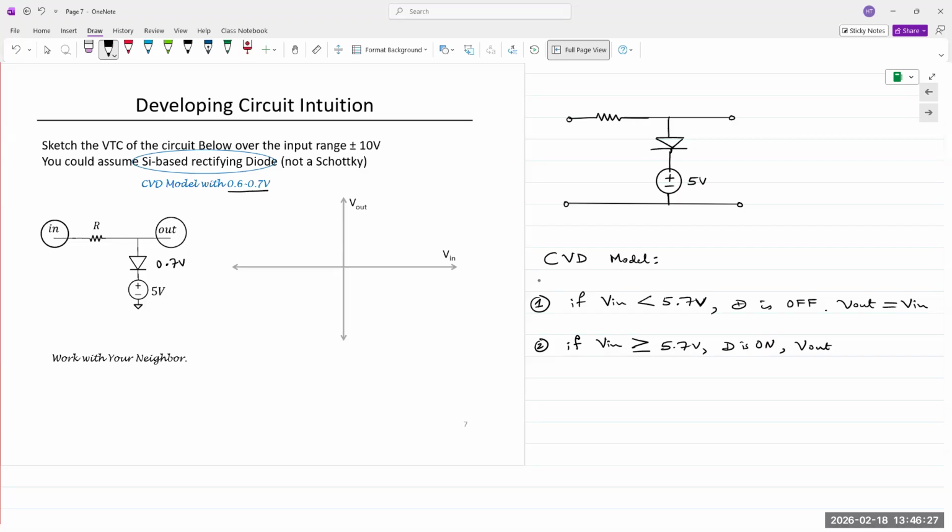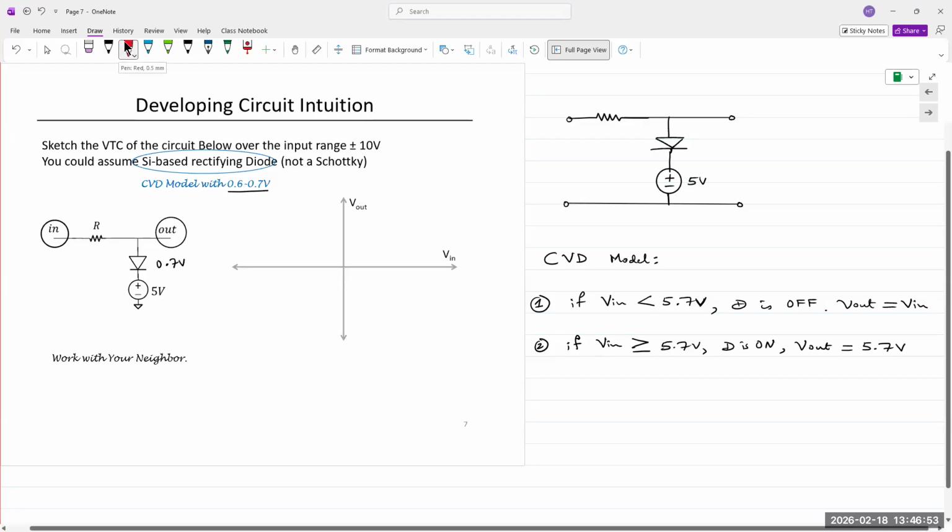If diode D is on, then we have the voltage 5 volts and the constant voltage drop across the diode of 0.7 volts coming directly across the output terminals. And so V out would be a constant line of 5.7 volts. That's it. That's the answer.